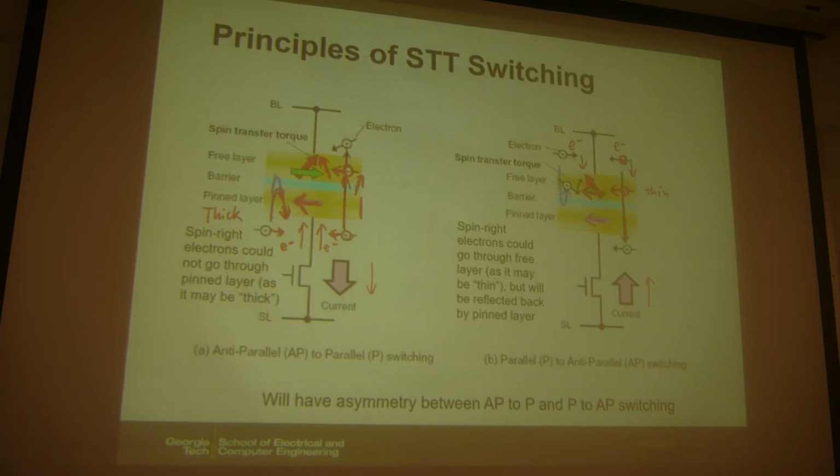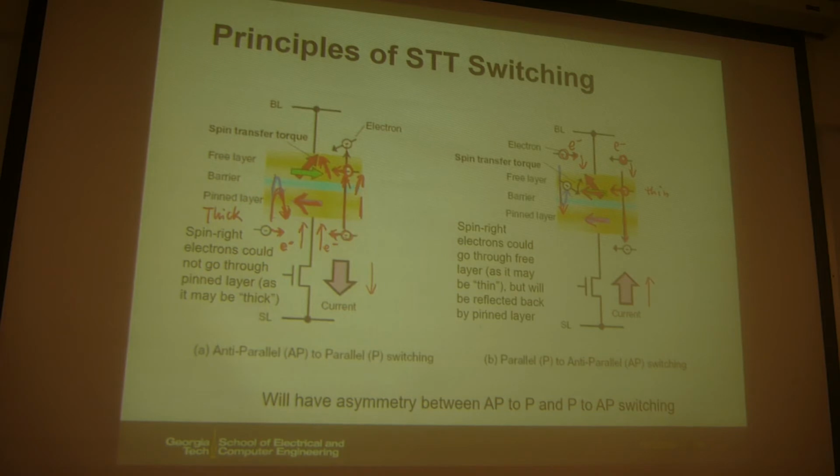But for the electrons pointing to the right, it enters the free layer, but the free layer is thin, so the free layer cannot block the electrons to the right. So these electrons to the right will keep traveling and tunnel through the barrier and reach the pinned layer.